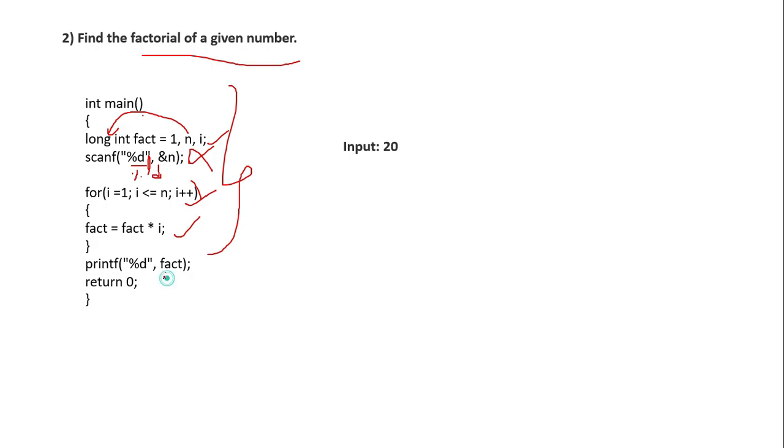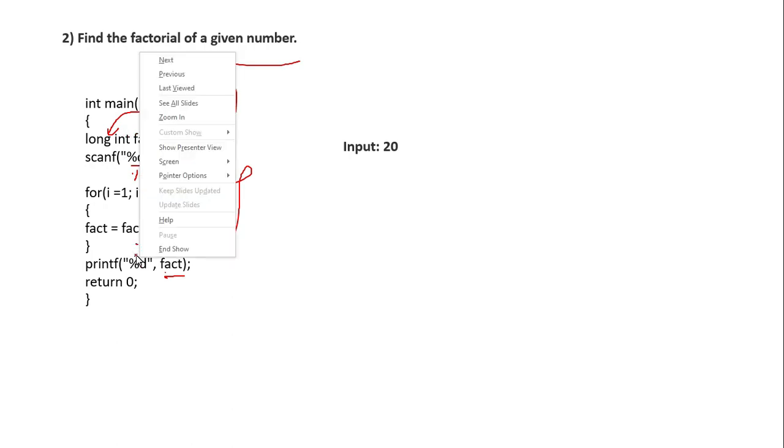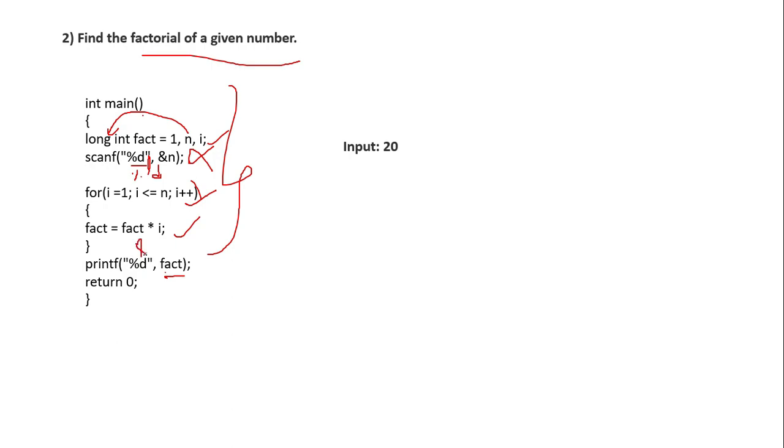And while printing that value, again we need to print using %ld, because here we declared the fact variable and n variable as long data type. So we need to use the proper format specifiers.